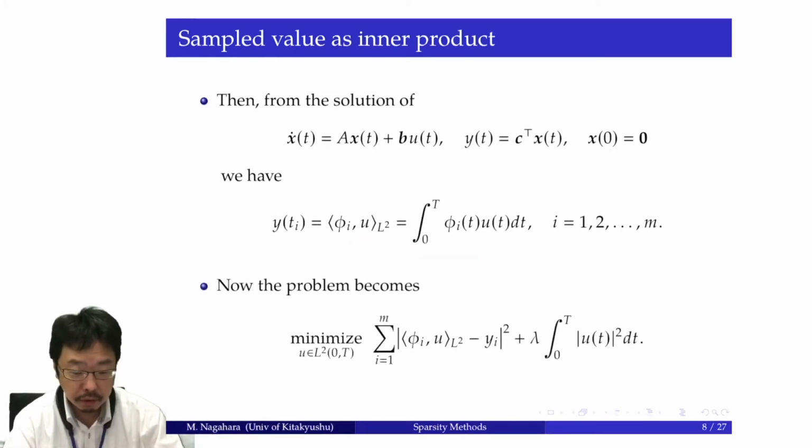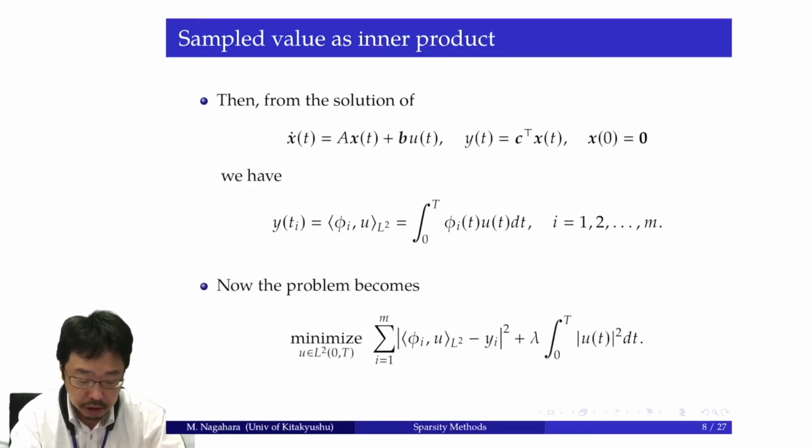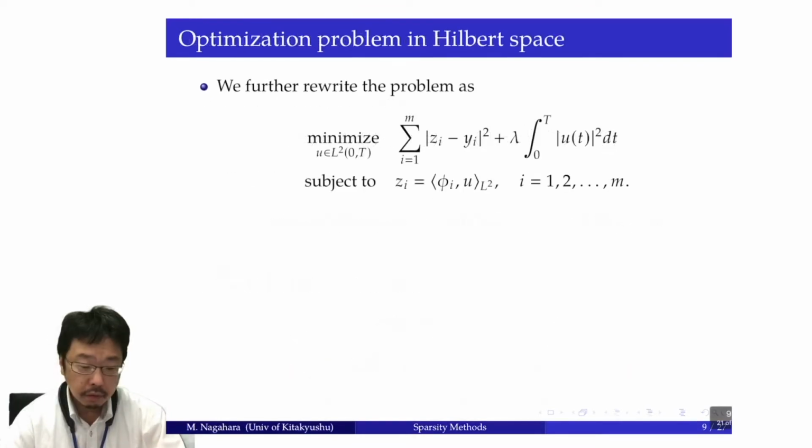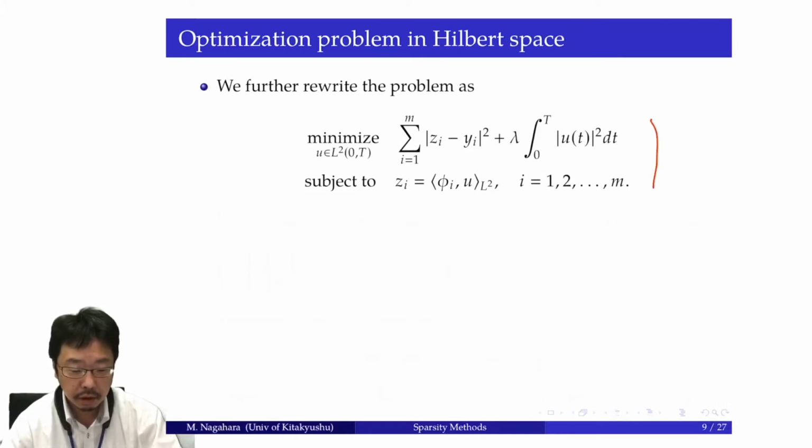Now, the problem becomes this unconstrained optimization problem. We further rewrite the problem as this constrained problem, where zi here is defined by this.